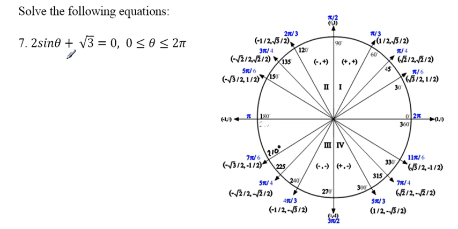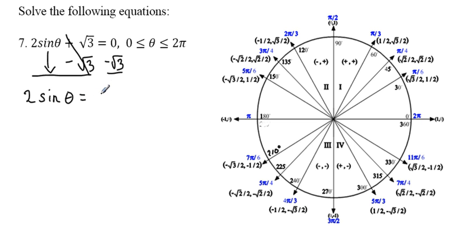The first thing we'll do is subtract this radical 3 from both sides of the equation. Now, the radical 3's will cancel out to become 0. We will bring down the 2 sine theta.